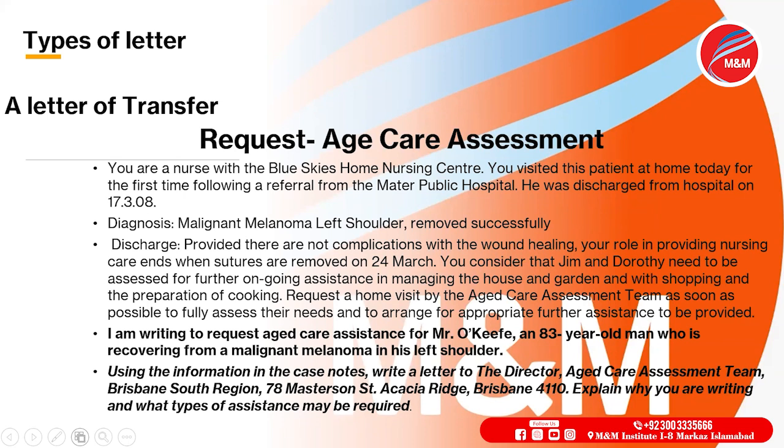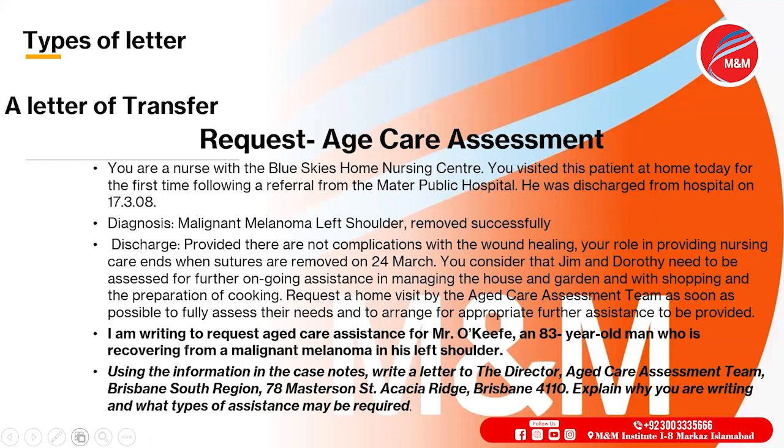Similarly, this is another letter of request, but in the category of transfer. When we are transferring the patient from the ward to the old age home, or from the home to the old age home, in this category we need the healthcare assessment team first, or the age care assessment team, to assess the patient requirement that would be needed during his stay.